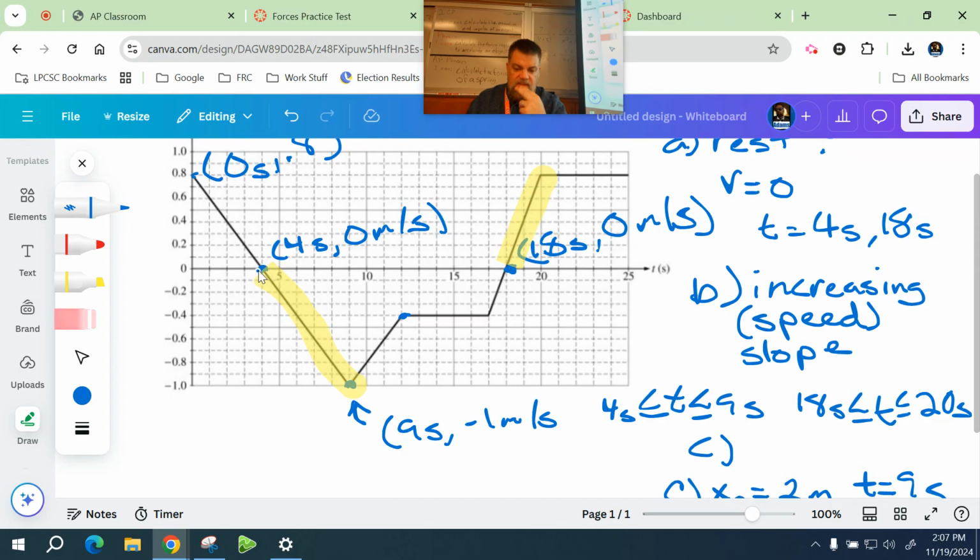You would say it goes down -8, so that would be -0.8. It's just the slope over 4. So we divide the top and bottom by 4, and you get -0.2 over 1. So that's the acceleration.